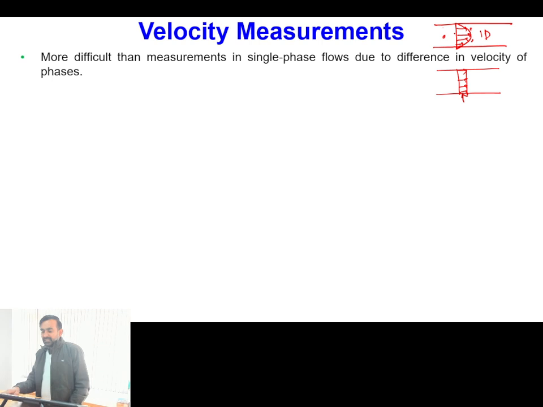So in terms of single phase flow measurement of in situ velocity, in your basic fluid mechanics you only study the pitot tube apparatus, where with the help of changing the location of the pitot tube, we can know the local value of the velocity.